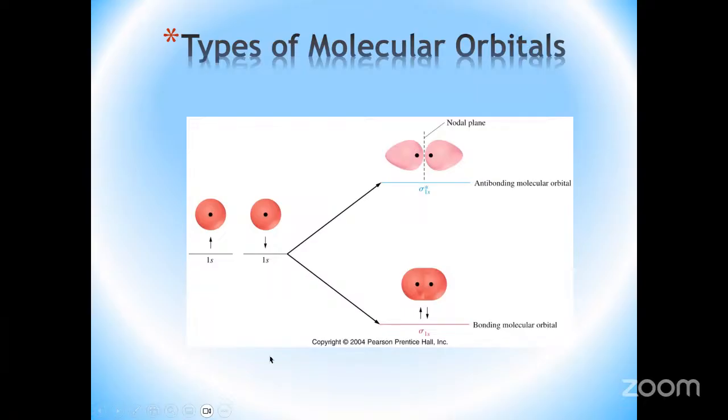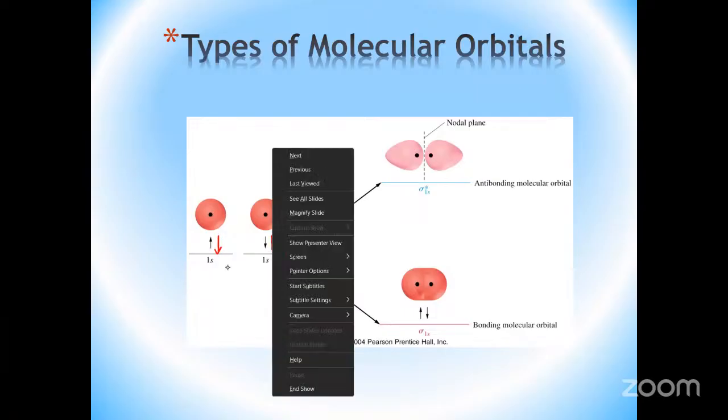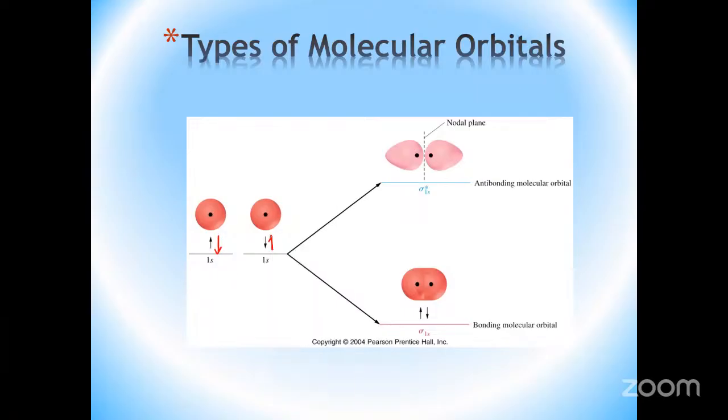Now, what if it were two helium atoms coming together? Helium would have 2 electrons in each 1s orbital. So I'm drawing those orbitals like so. All right, so the question now becomes, where will the electrons go? Well, the first 2 will go here in the bonding molecular orbital, and then the next 2 would go here in the anti-bonding molecular orbital.